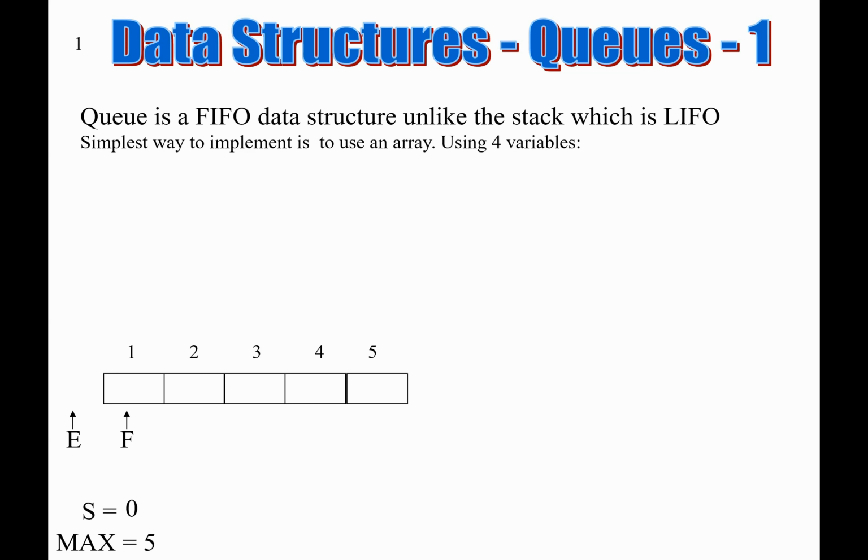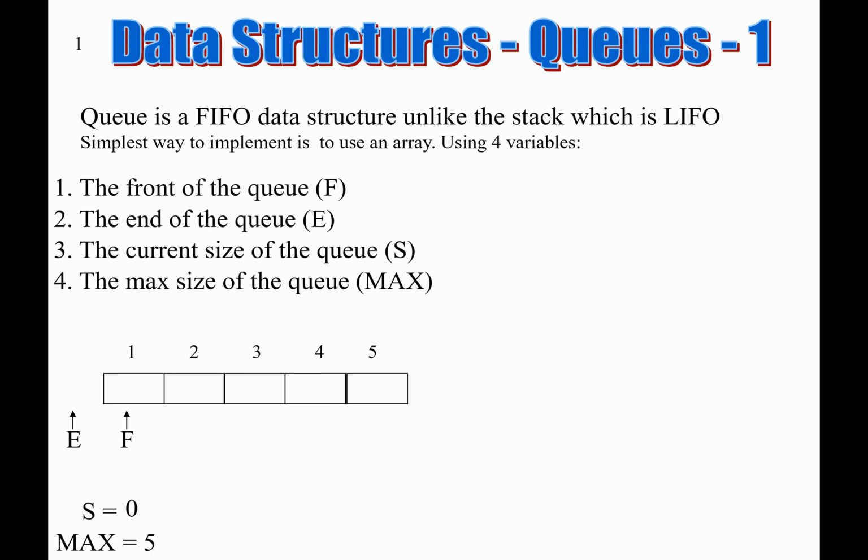Anyway, so now to implement a queue, you need some variables, right? So you can see I've got an end, front, current size, that S is short for, and the maximum size down there. So I've got front, end, size, max. Now, adding items to the queue.